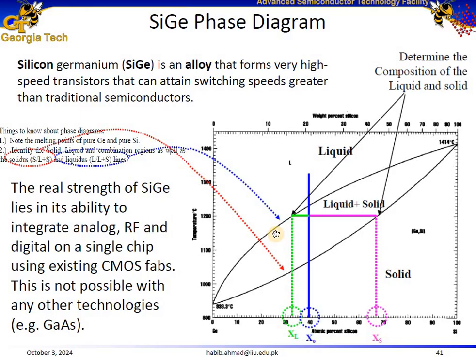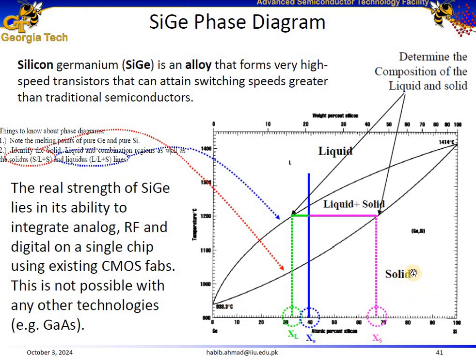Also on the phase diagram, we see the melting points. On the right side we have pure silicon, and the melting point of silicon is 1414 degrees C. Similarly, on the left end we have germanium, and the melting point of germanium is 938.2 degrees Celsius.